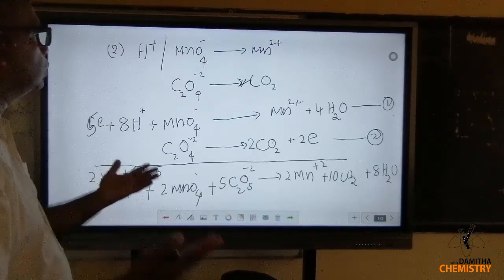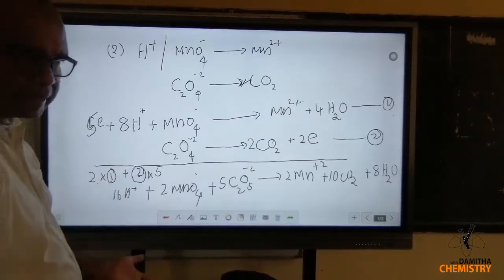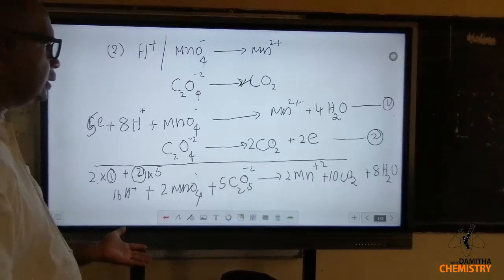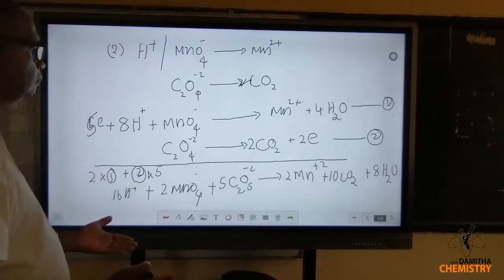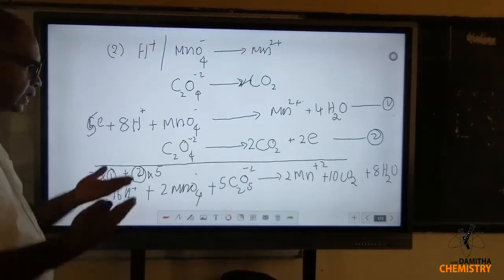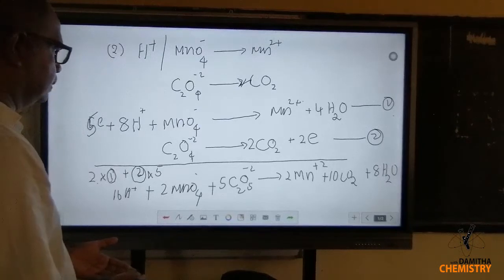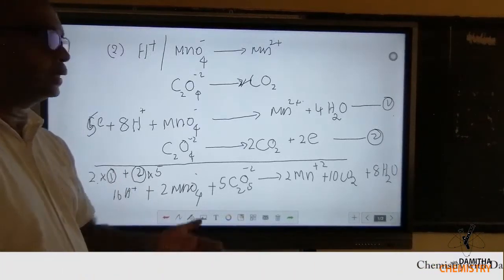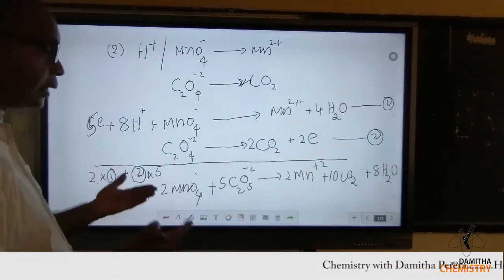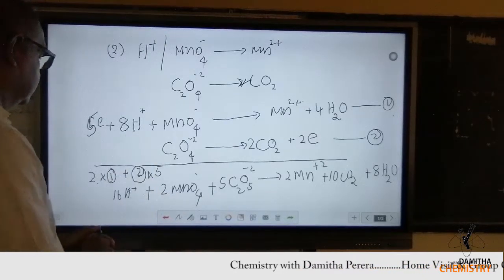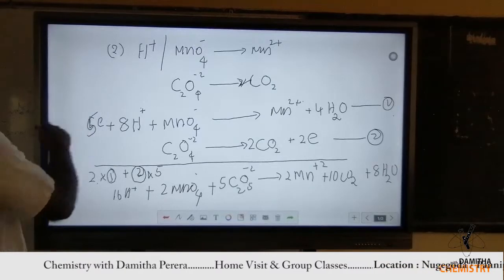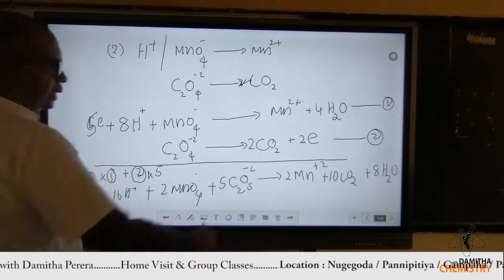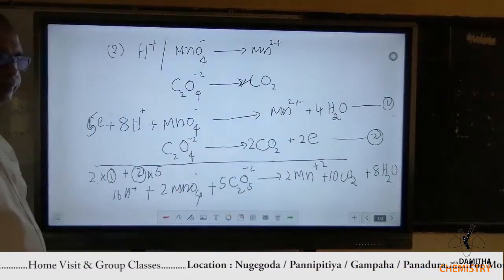Now I am going to the redox reaction. What is the redox reaction? Add the oxidation half ionic reaction and the reduction half ionic reaction together by cancelling electrons. The first equation has 5e-, the second has 2e-.